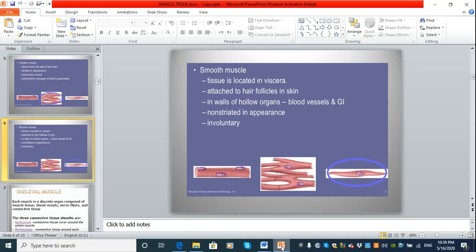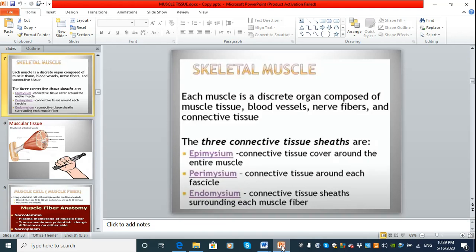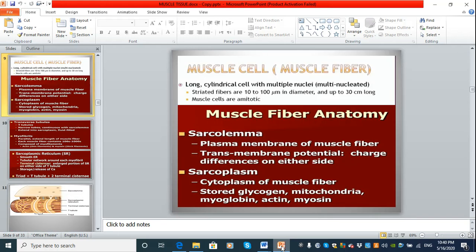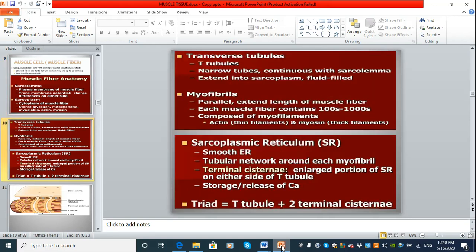You will be covered by the great senior lecturer Zahra, and then for each term you need to know about the skeletal muscle, this is only for knowledge. You need to know that it consists of the muscle cell, sarcolemma, sarcoplasm, transverse tubules, myofibrils, sarcoplasmic reticulum, and striations.